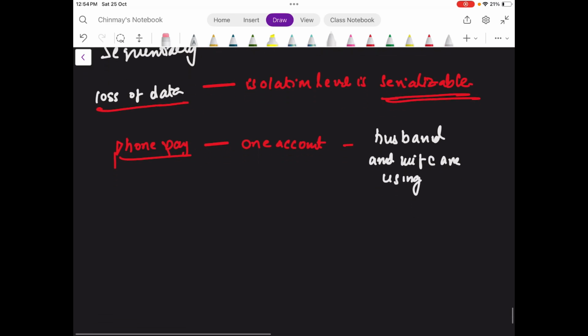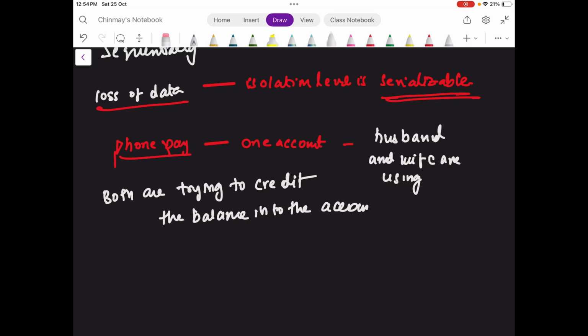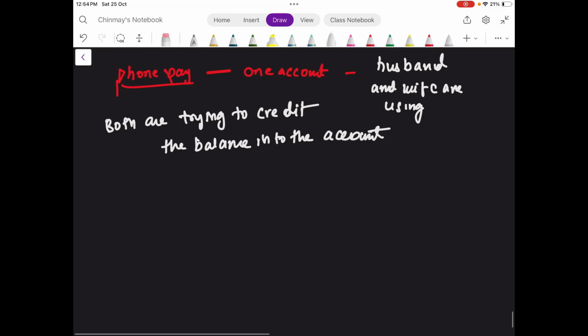Now both are trying to credit the balance into the account.